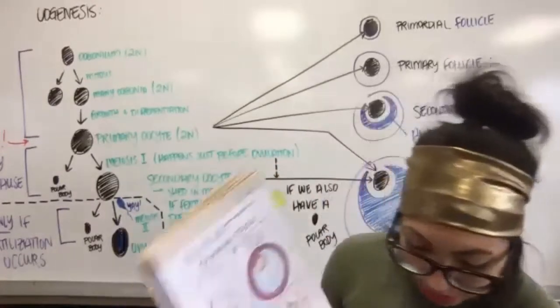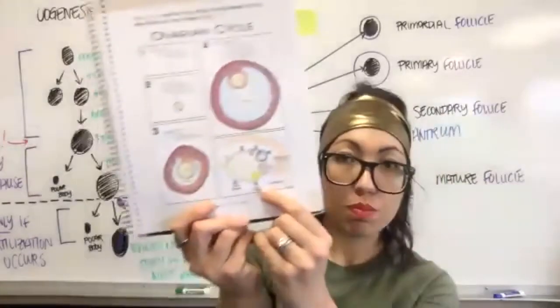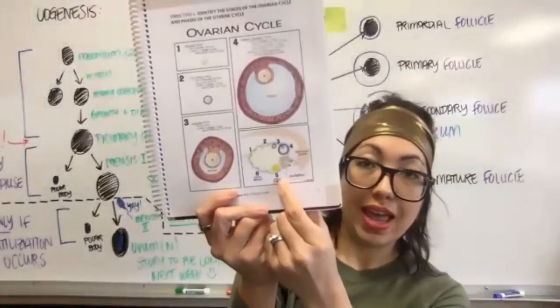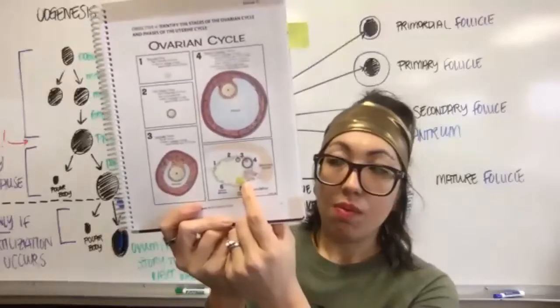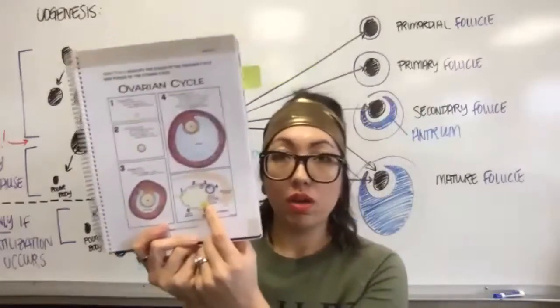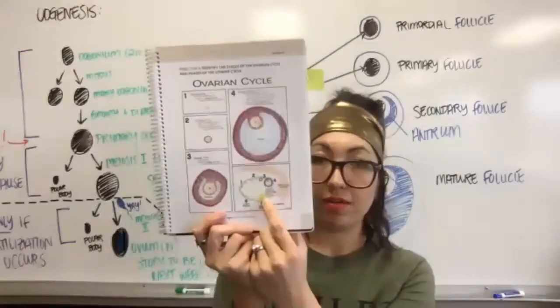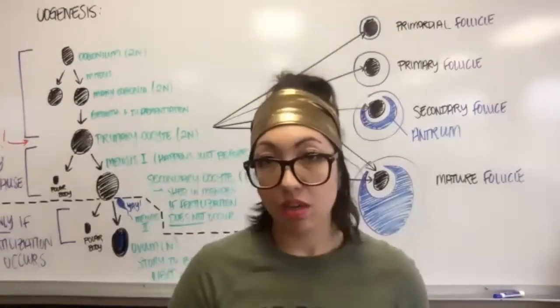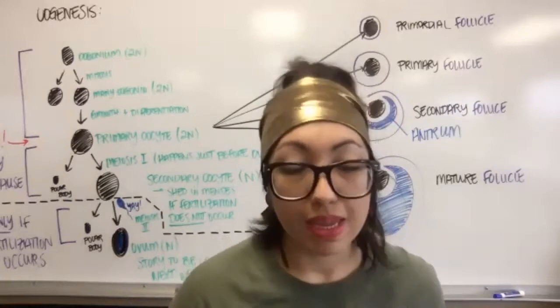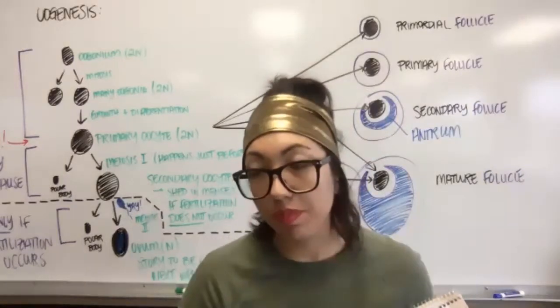The corpus luteum is going to secrete progesterone and estrogen. That hormone, progesterone: gestate means pregnancy, pro means before.